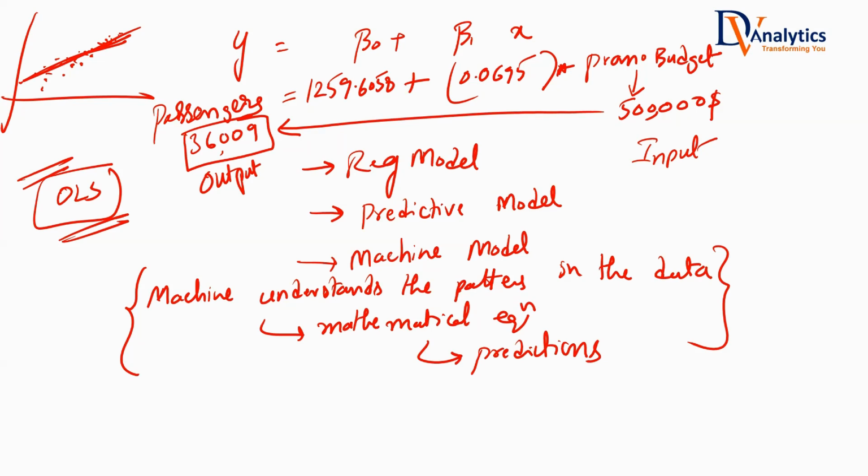Now, look at this scenario. Here, we predicted the target variable Y using X. What is X? Promotional budget. What is Y? Number of passengers.